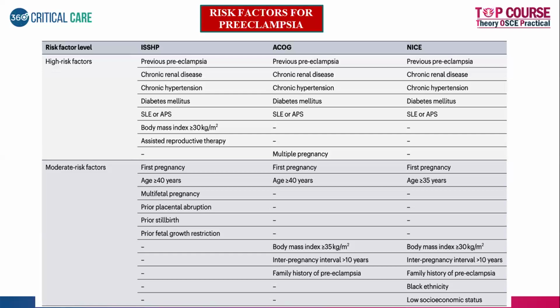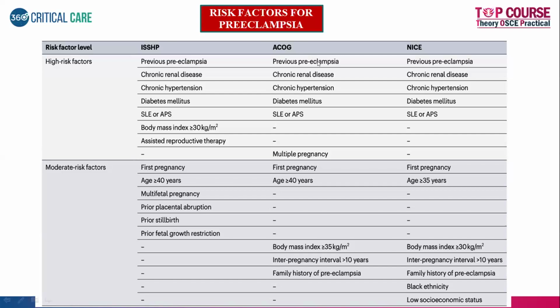Now coming to the risk factors. Who are the people who may develop preeclampsia? You have high risk factors and moderate risk factors. A lot of guidelines mention different risk factors, so remember one guideline, your ACOG guidelines, the most common guidelines. So what are the high risk factors?